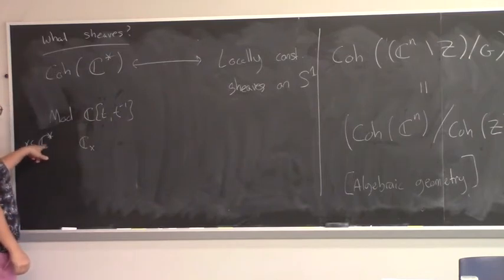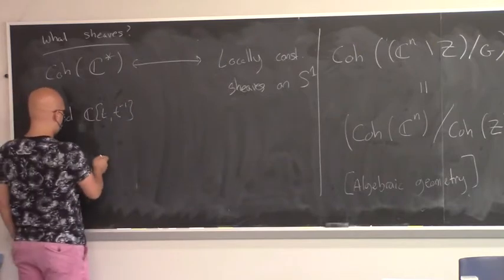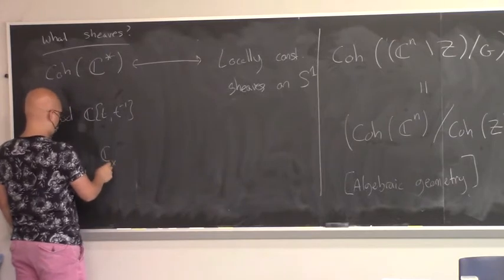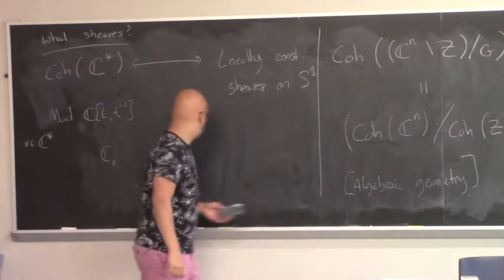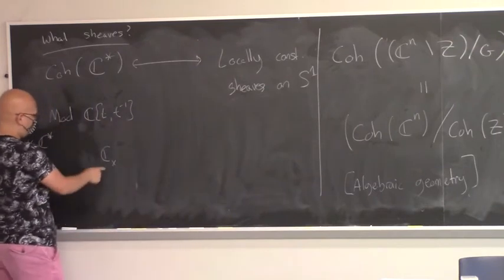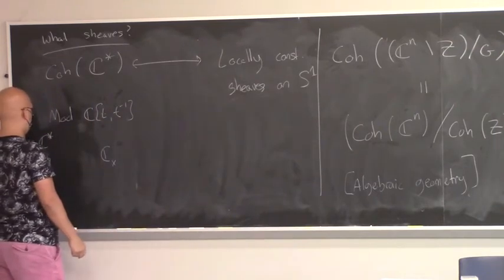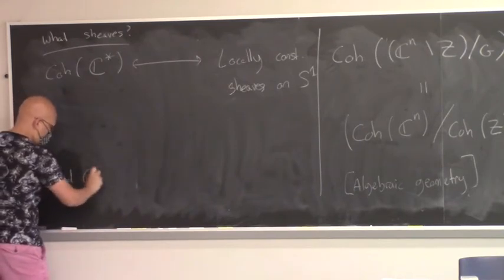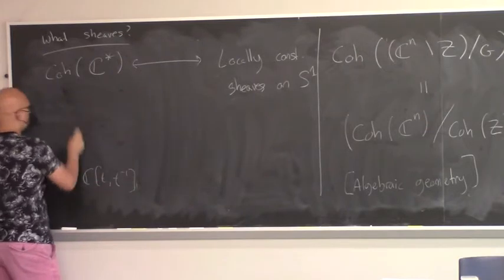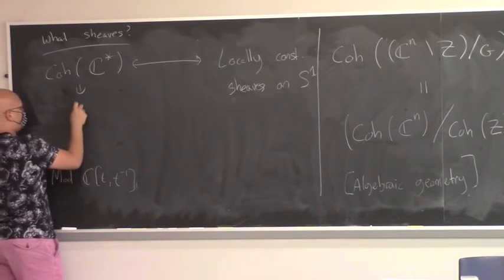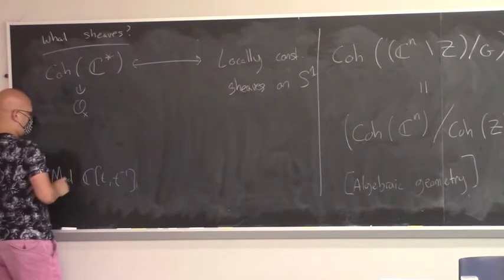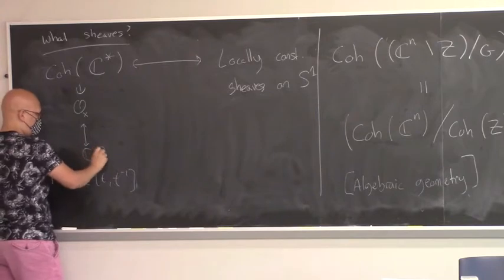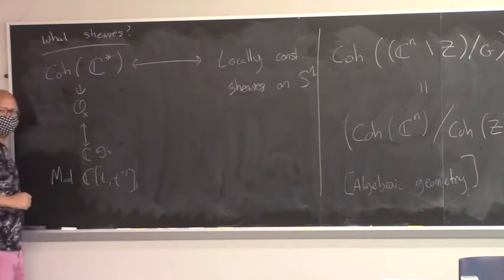Okay. So one element of this thing is the skyscraper sheaf at some point, which is the same as the one-dimensional module on which T acts as multiplication by x.